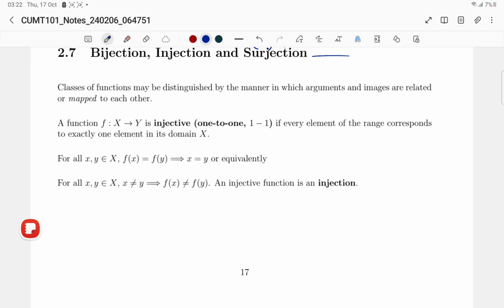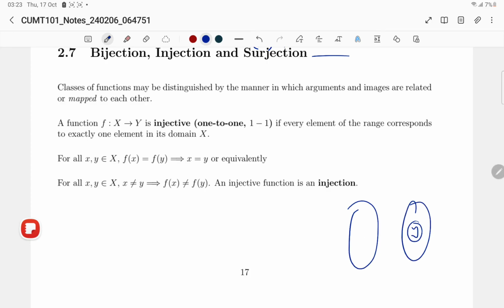If we are talking about injection, we first pick an element which is in the range, and we ask ourselves if that element is corresponding to exactly one element in the domain. So like we have an element, let's say y here.